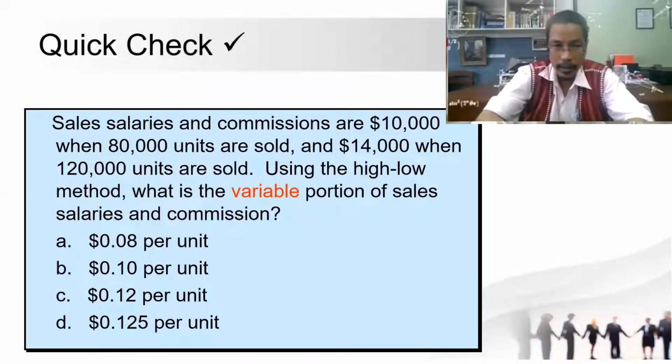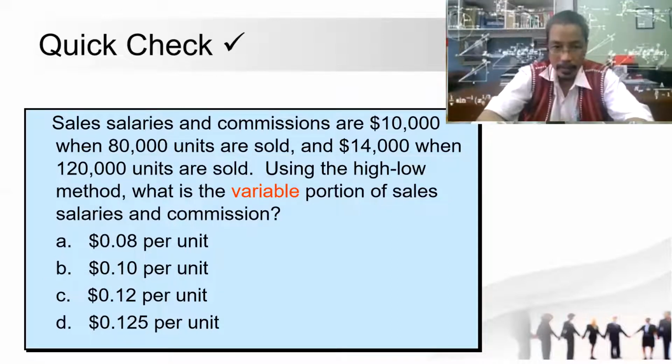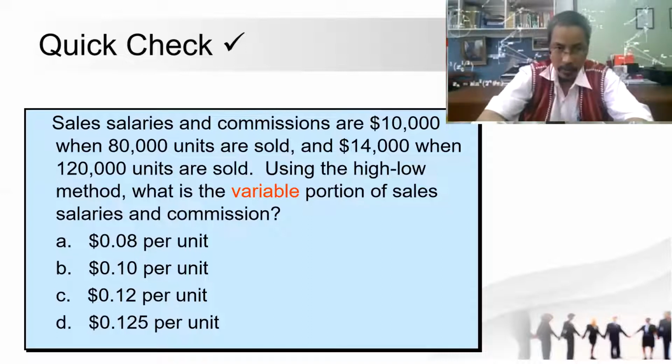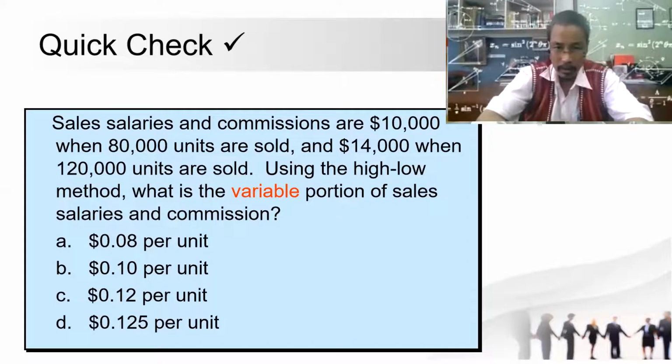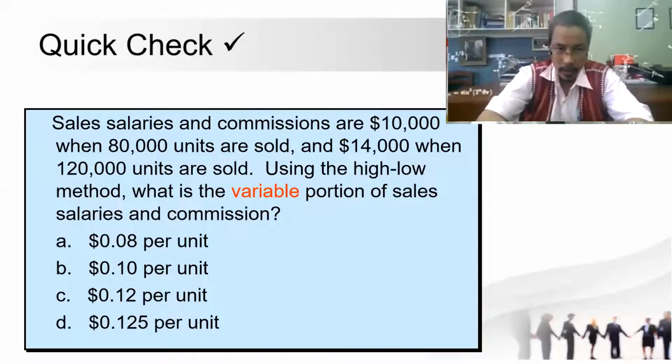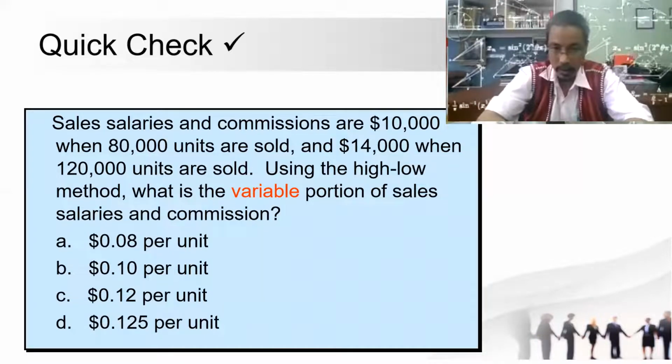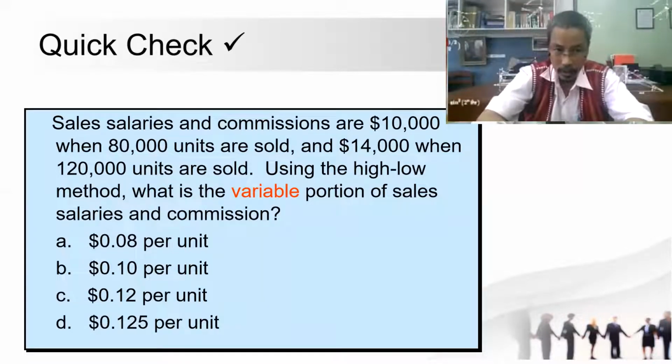So let us check our knowledge from the discussion that we have just learned. If we are given sales salaries and commission that would amount to $10,000 when 80,000 units are sold, and $14,000 when 120,000 units are sold.